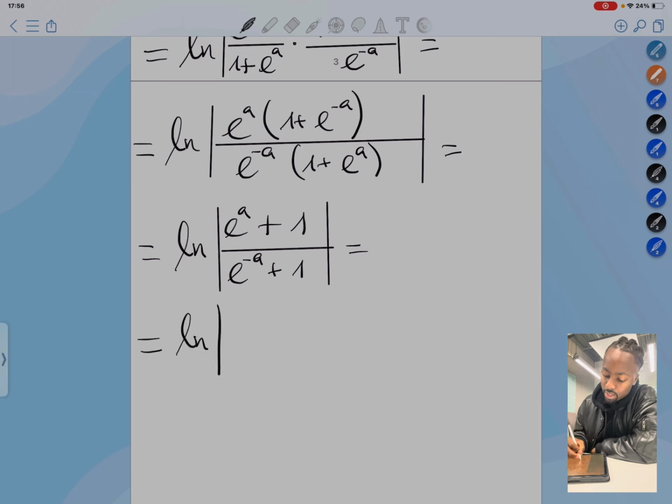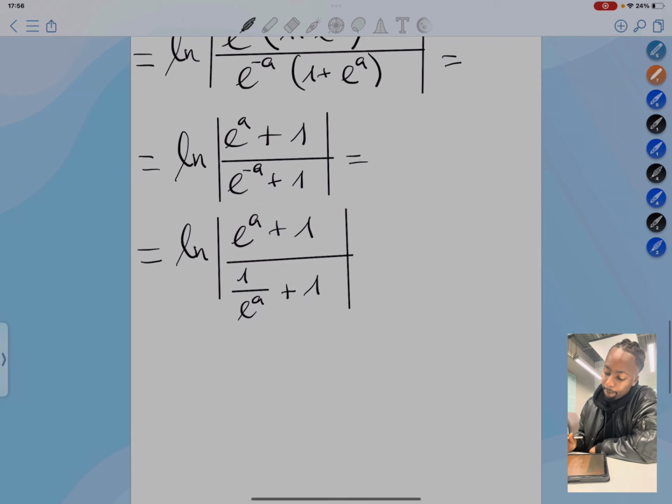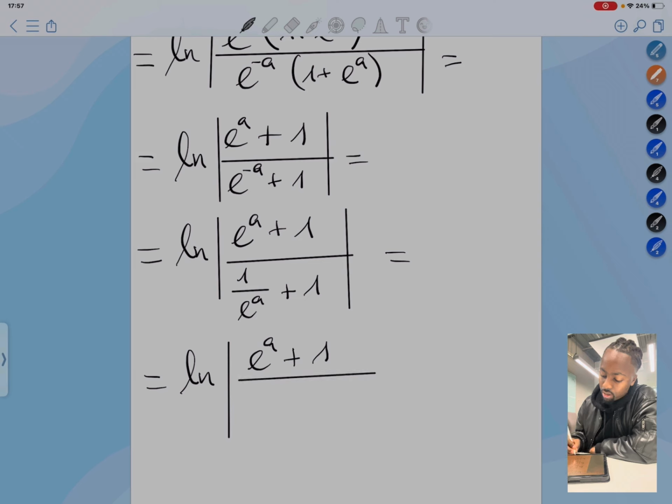So this would give me ln of e to the power a plus 1 over 1 over e to the power a plus 1. Now from this I would make the denominator e to the power a. So this would be ln of e to the power a plus 1 over, putting e to the power a as the denominator, 1 plus e to the power a.